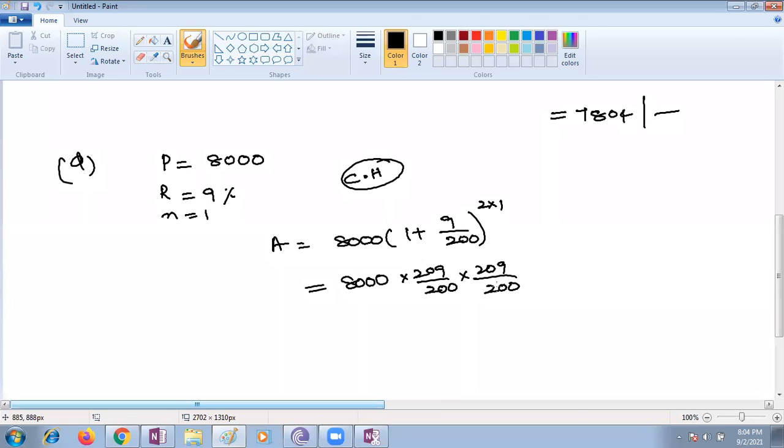Simplification is there. Please simplify. 8,000 by 40,000 is 1 by 5, so 209 into 209 divided by 5. It is 8,736.20. Correct, ma'am.